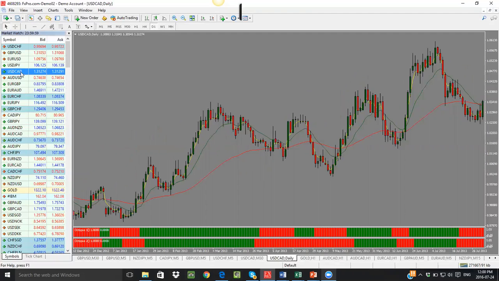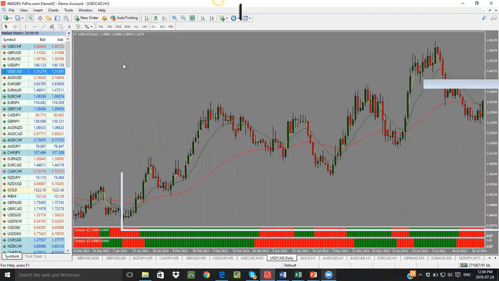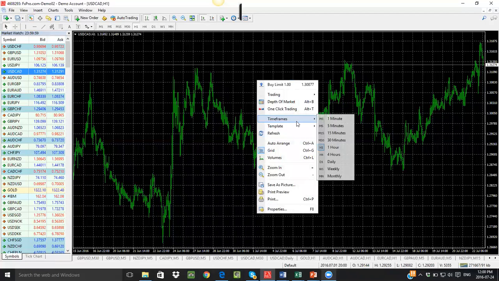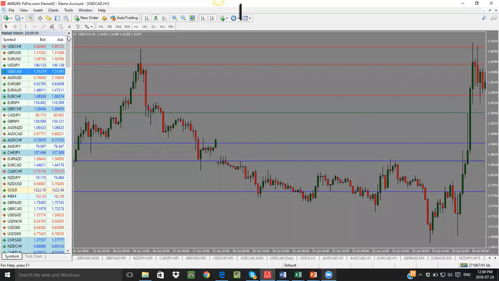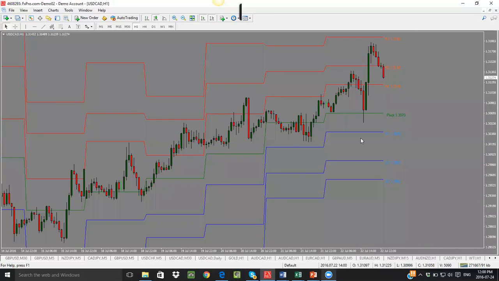Okay, so sorry, where are we looking? Just to confirm, the question was whether dollar CAD is a double bottom on H1. So here we are on H1. No, I would not say it's a double bottom.